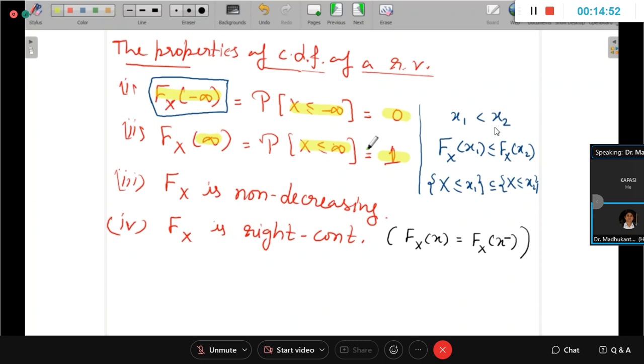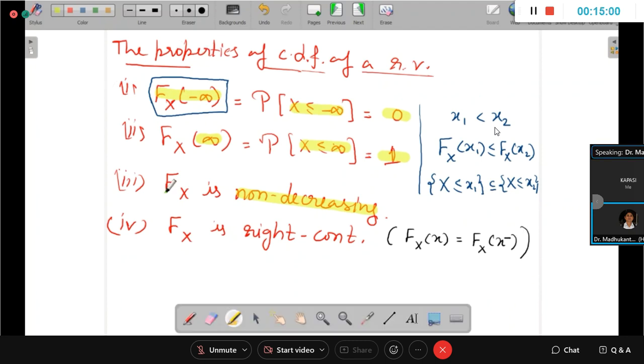The third property, F_X is non-decreasing, that we have seen, and that immediately follows by looking at this.